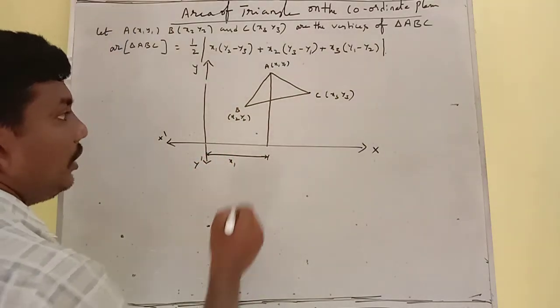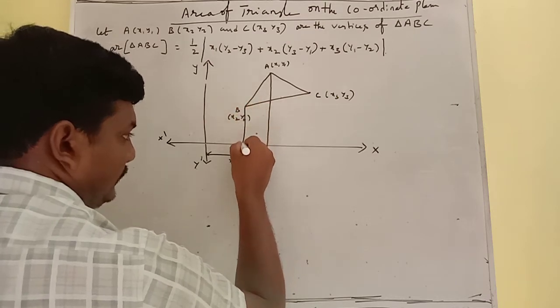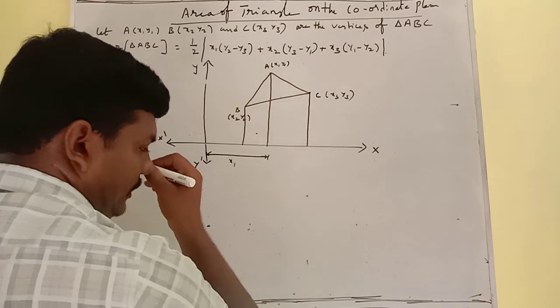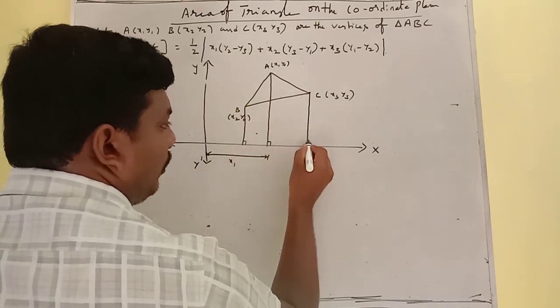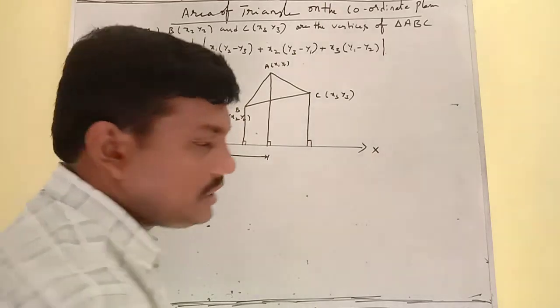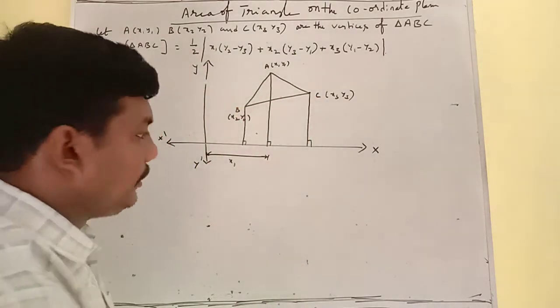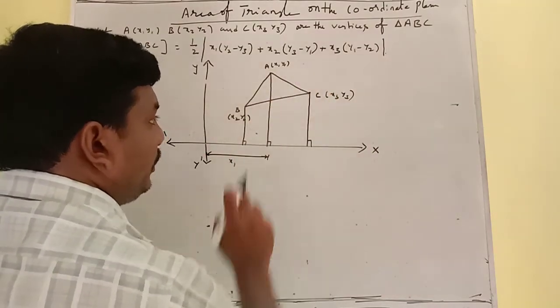So now let me take the projection of the point B on the x-axis and the projection of the point C on the x-axis. Perpendiculars, also called normals, are drawn to the x-axis from the points A, B, C respectively.